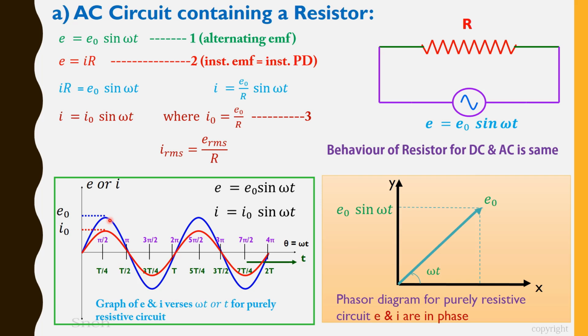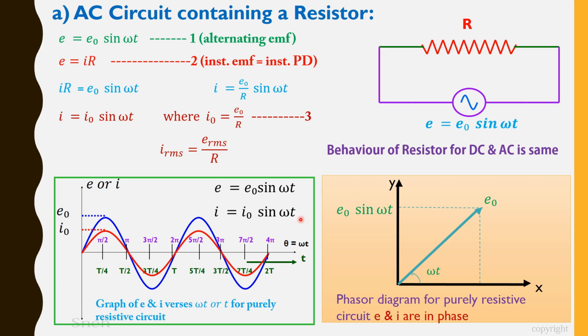This is representing its EMF, E0 sine omega t. This angle is omega t, making an angle omega t with the horizontal. Similarly, I want to represent the phasor for alternating current, I is equal to I0 sine omega t.